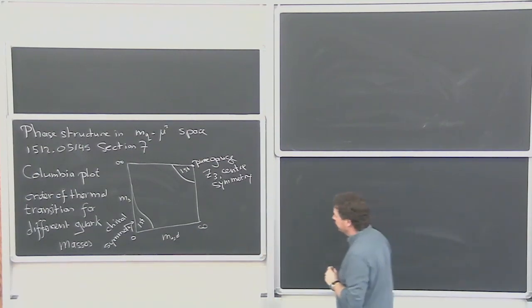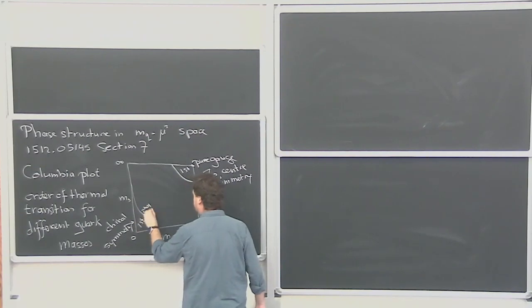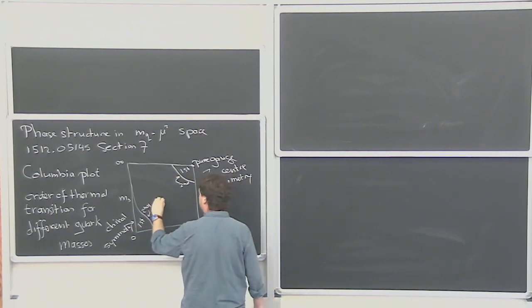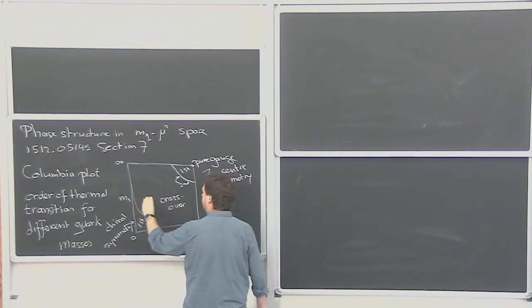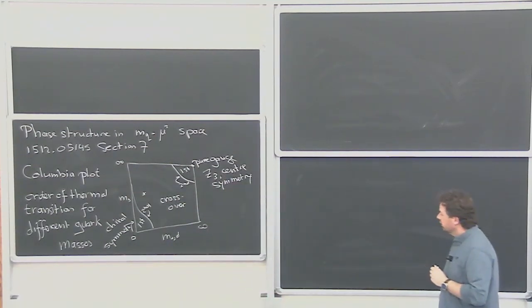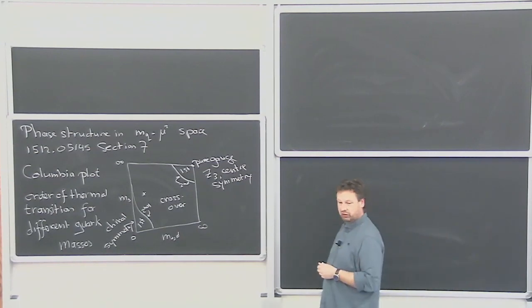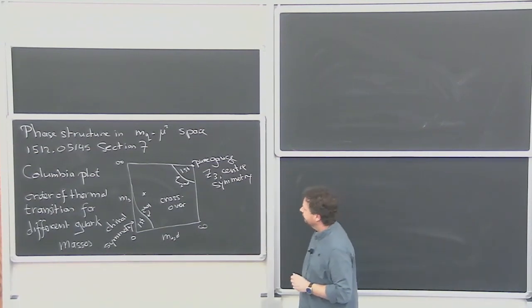In between, there are second order lines, and in most of the plane it's a crossover. We know that the physical point is in the crossover region. That summarizes the nature of the phase transition at zero chemical potential.